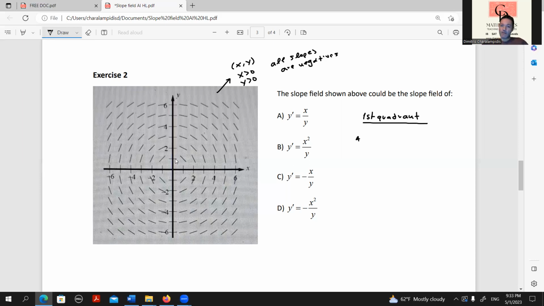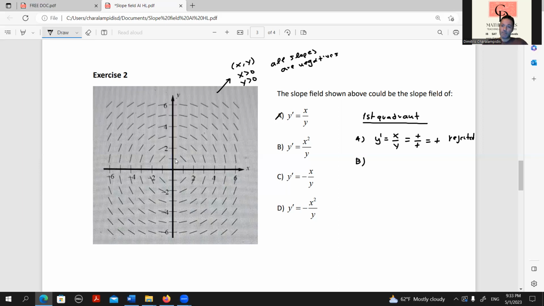Could it be A? No, because based on A, we would simply have the division between x and y, which are both positives. So we would expect positive slopes. So A is rejected.